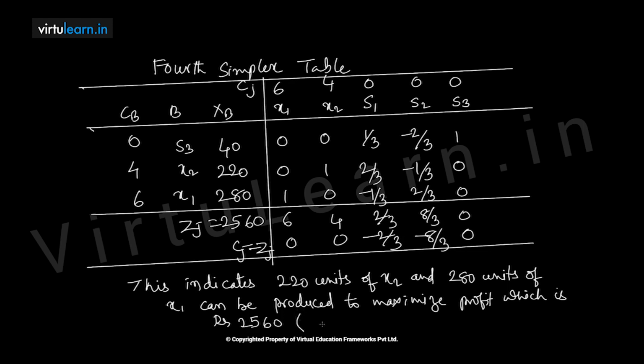So in brackets, this is 280 into 6 plus 220 into 4.